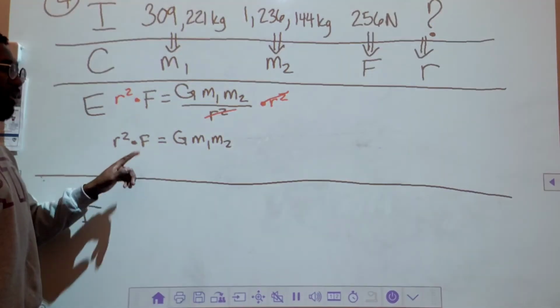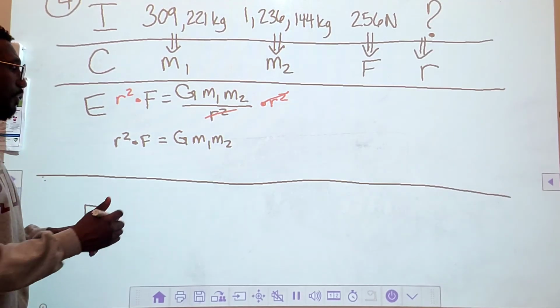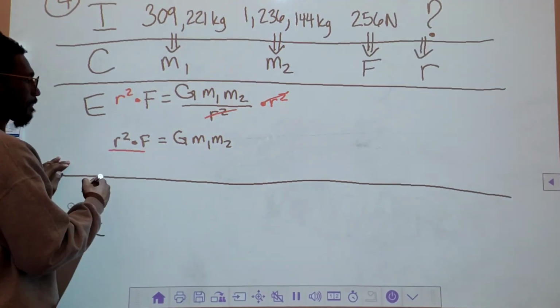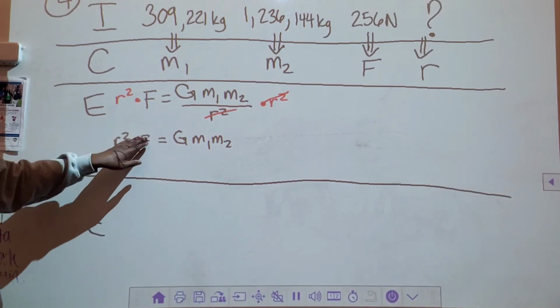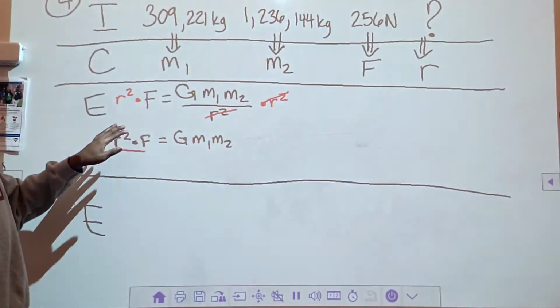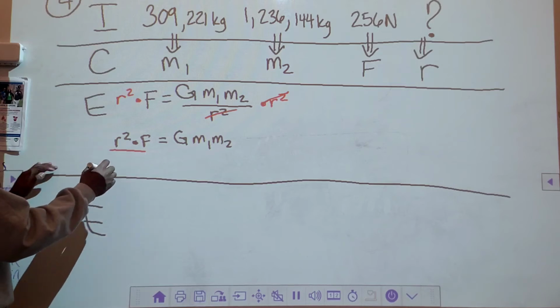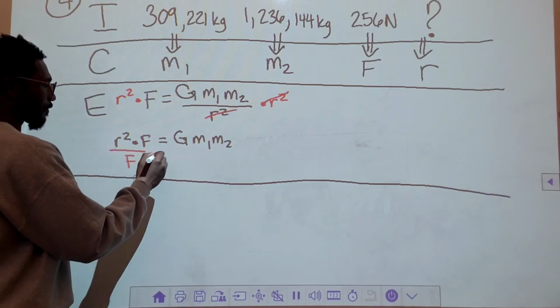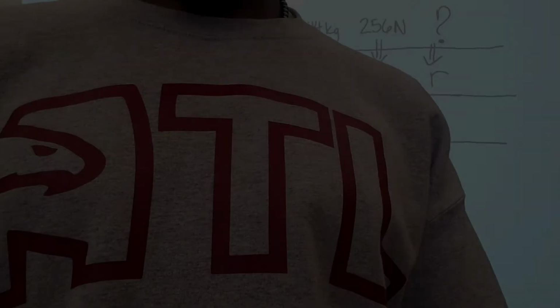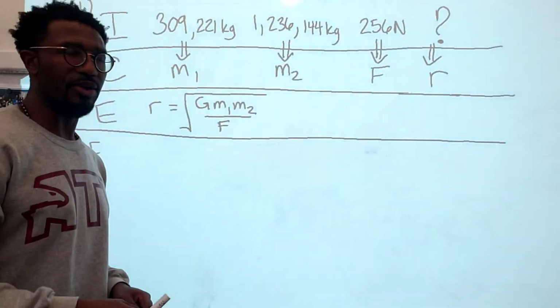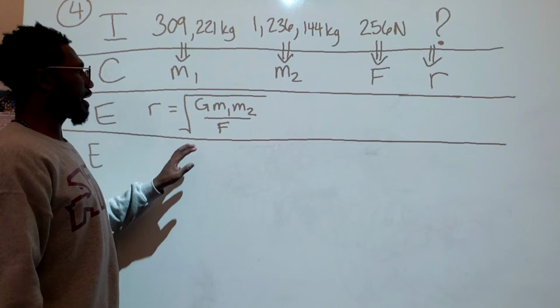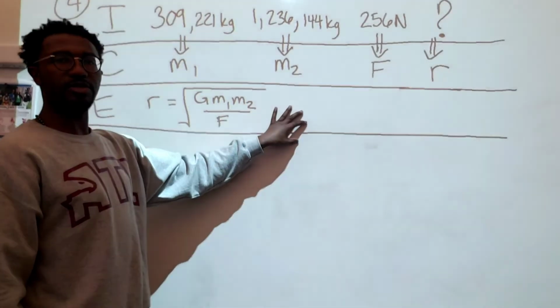Currently they're being multiplied, so to separate them, we need to do division. We're not gonna divide by r because we wanna move the F away. We wanna leave r there, so we're just gonna divide by F. Now we're gonna go ahead and plug in our measurements to solve for this problem.